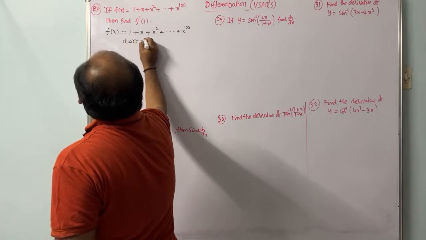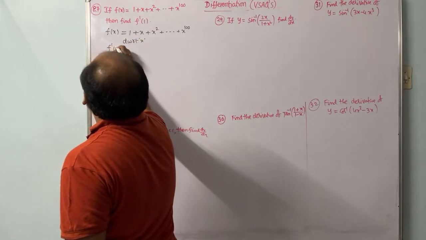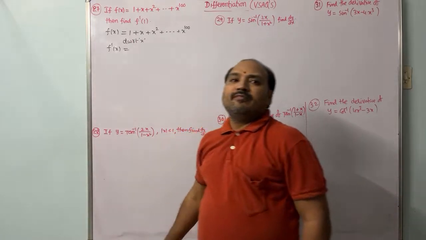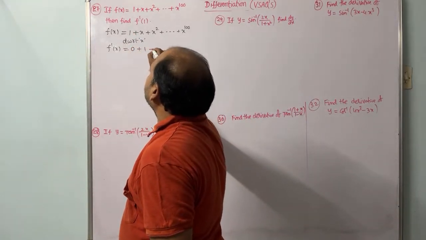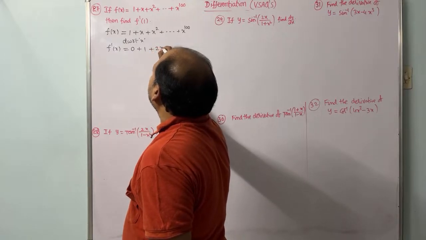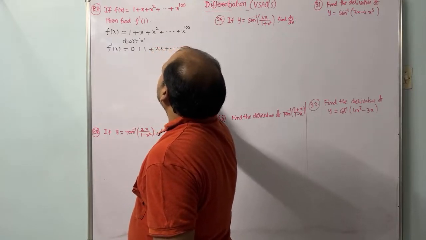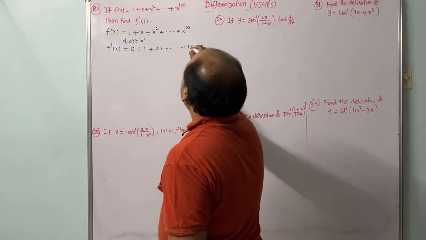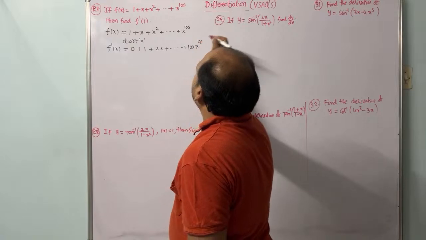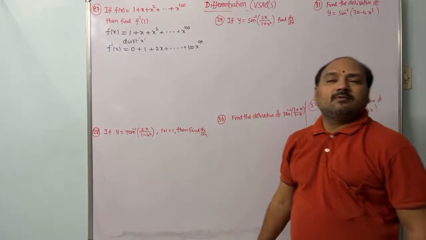Each and every term you have to differentiate only. f dash of x equal to d by dx of constant 0, plus d by dx of x which is 1, d by dx of x square is 2x, plus and so on, d by dx of x power 100 is 100 into x power 100 minus 1, that means 99.